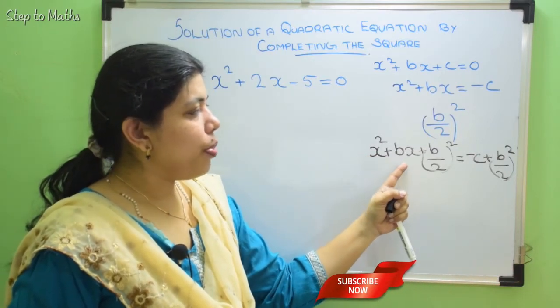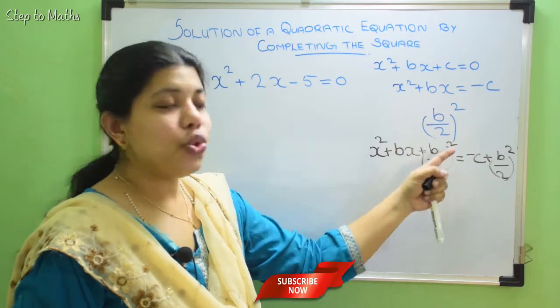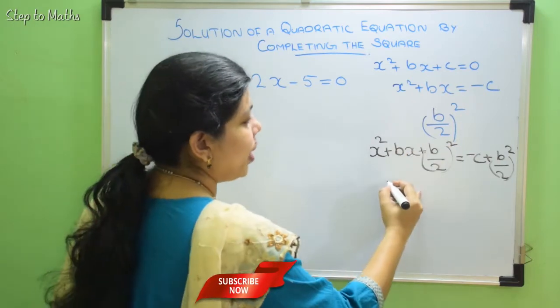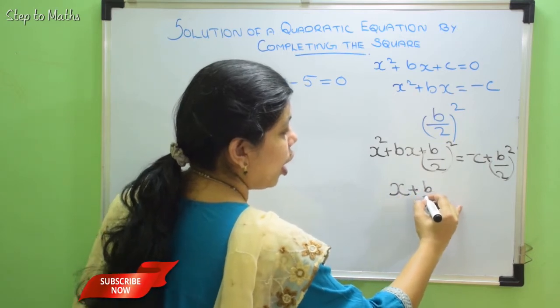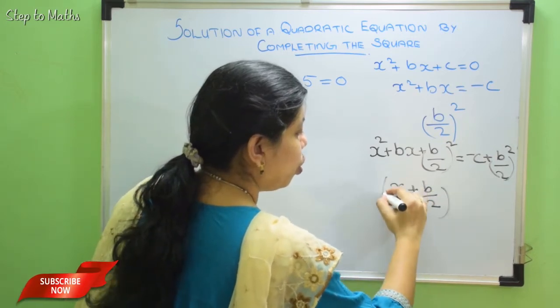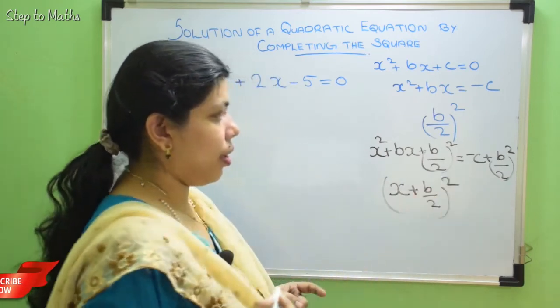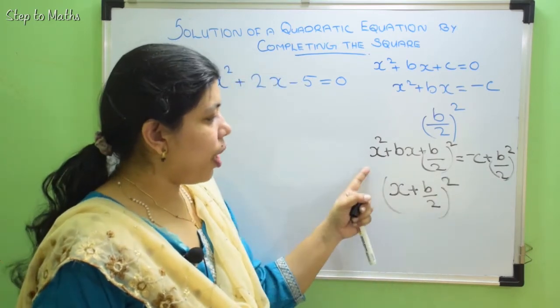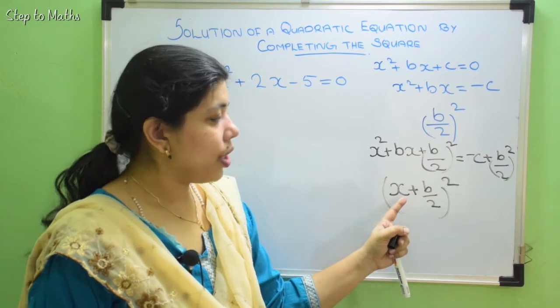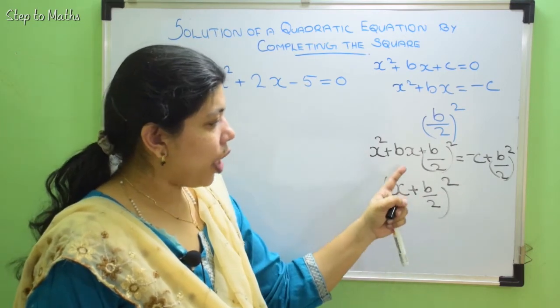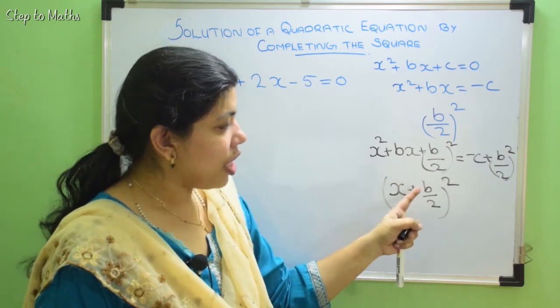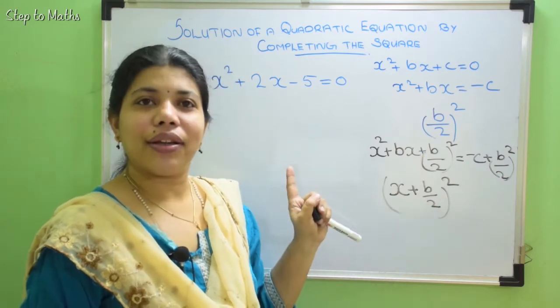x square plus bx plus b by 2 square, this we can write as x plus b by 2 the whole square. If we expand this using the identity a plus b the whole square, we get x square plus bx plus b by 2 square.